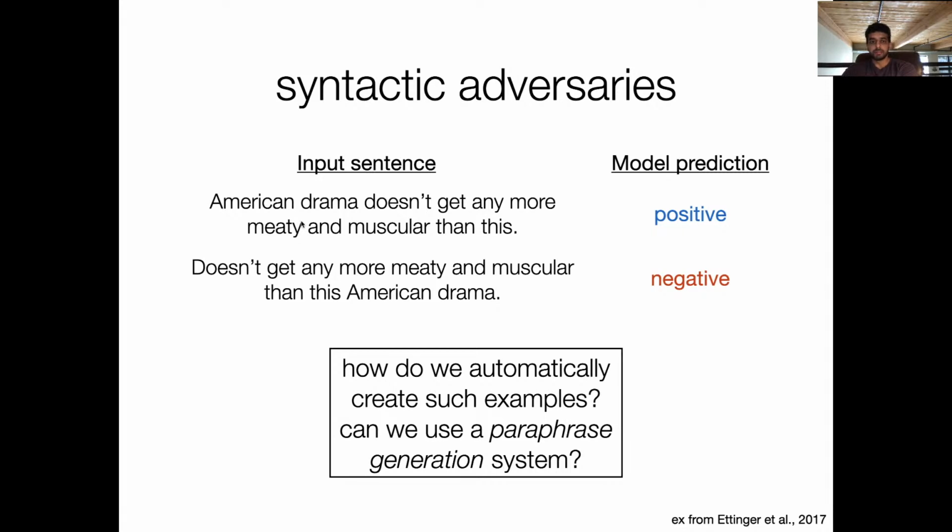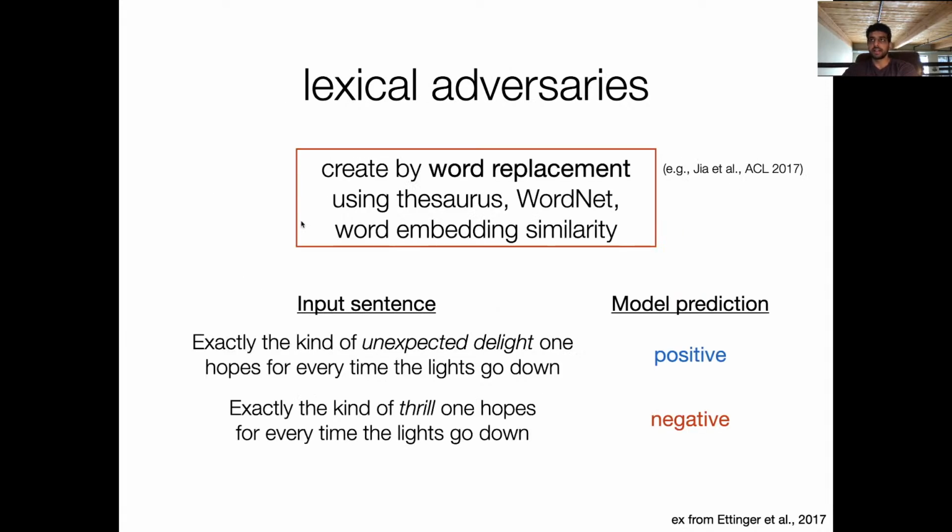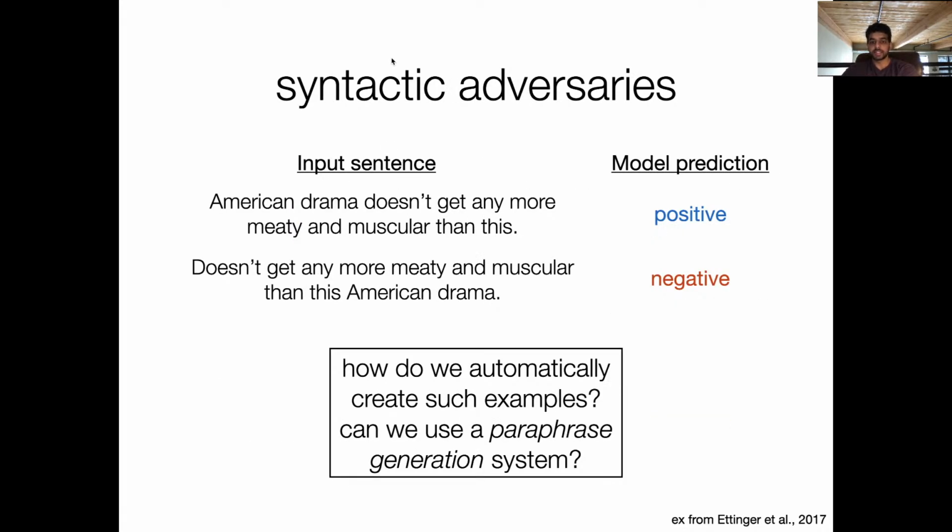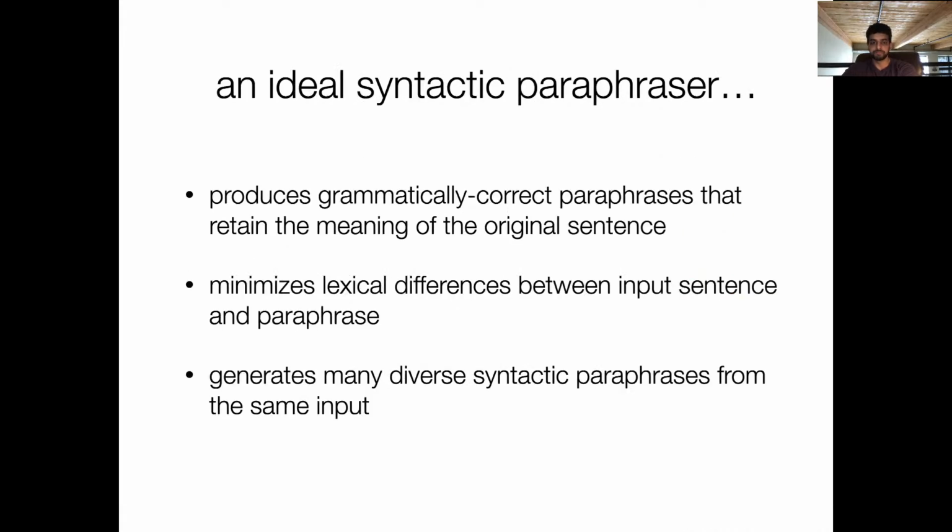So if we want to combine both of these things together, like the lexical adversaries and syntactic adversaries, and we want to do this without relying on some external rules or thesaurus, we might want to reformulate this task as one of paraphrase generation.